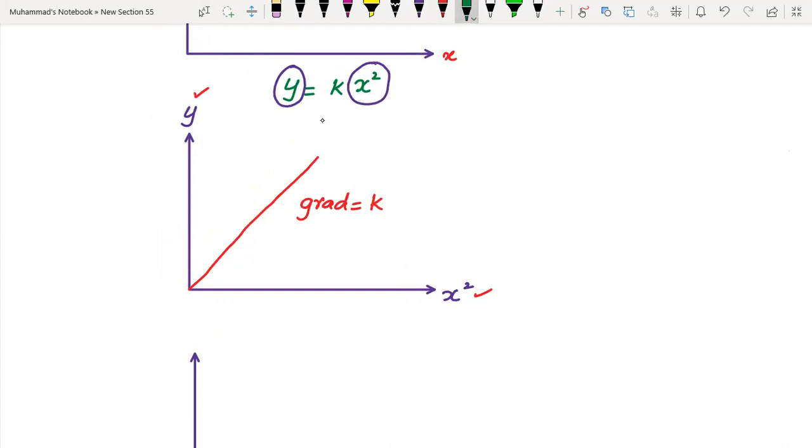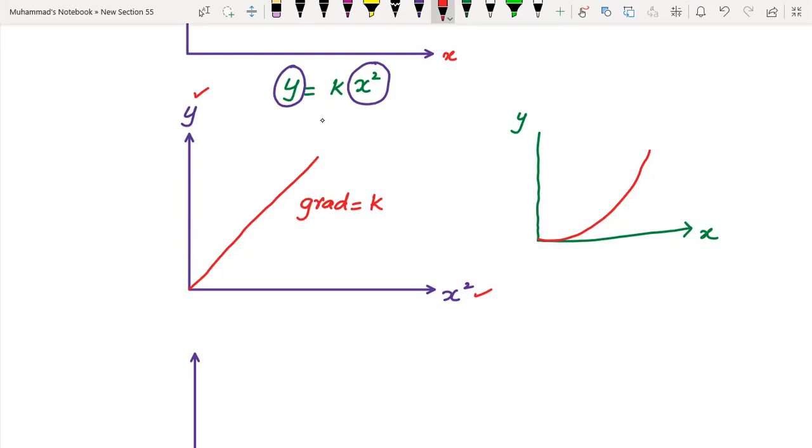Okay, so if you plot x on the x-axis and y on the y-axis, then this will be a non-linear graph, a parabolic form, and the shape will be like this. Okay, this is a very important situation.